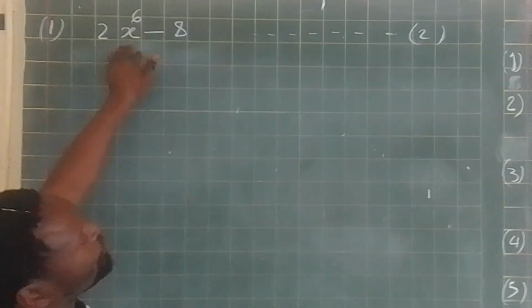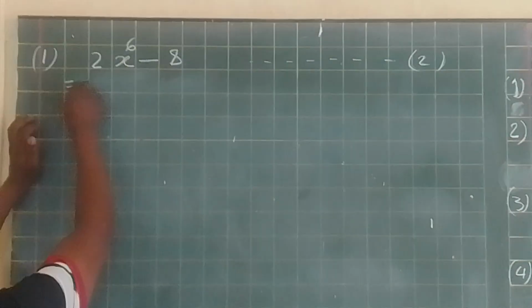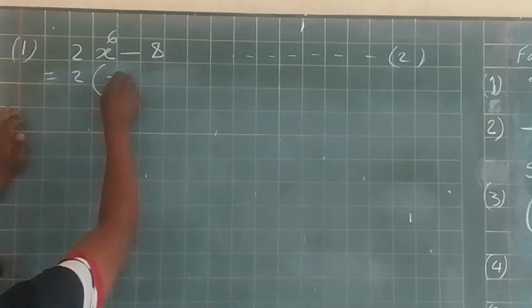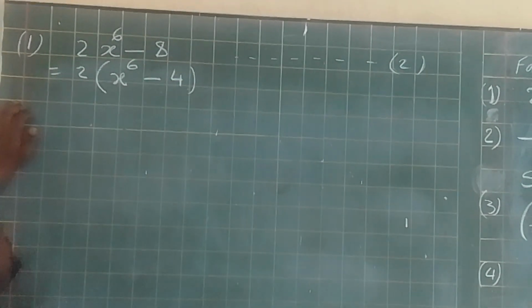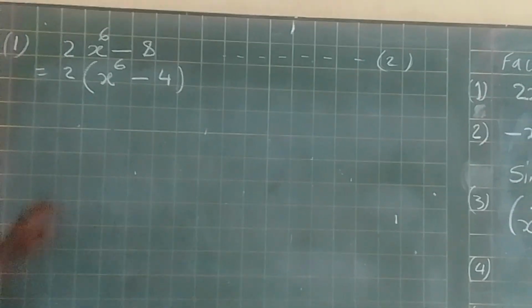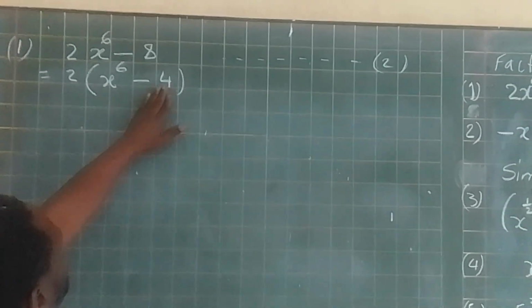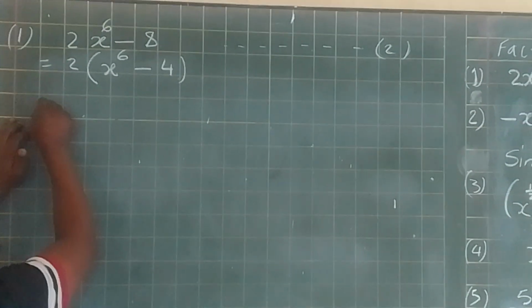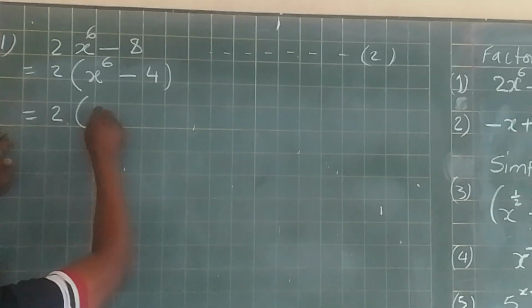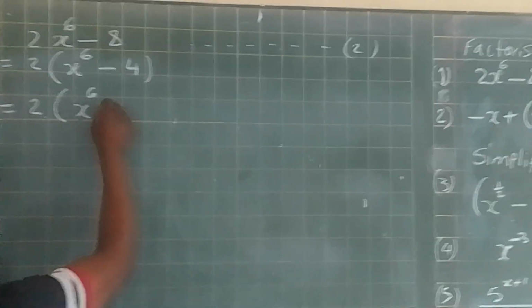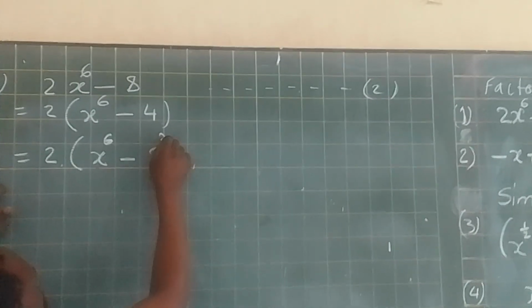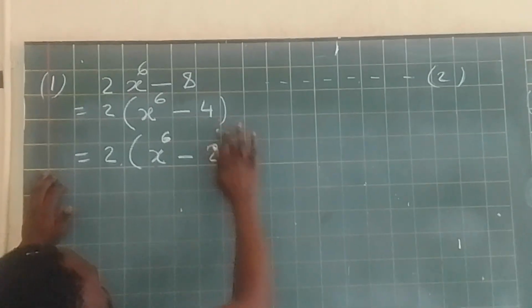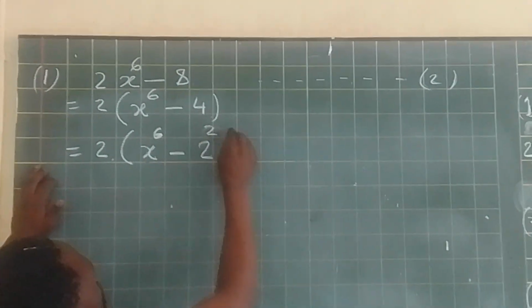Right. Here, if you check, you have a common factor of 2. So you take out the common factor of 2, and you are left with x to the power 6 minus 4. Now, put it in a proper way so that it can give you a hint as to what kind of expression you are dealing with. 4 is the same as 2 squared.